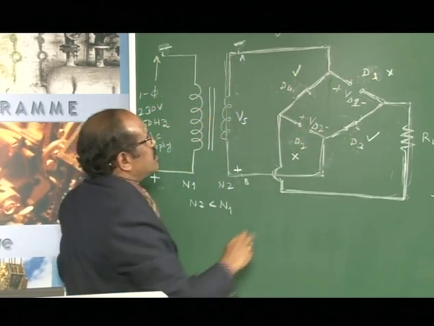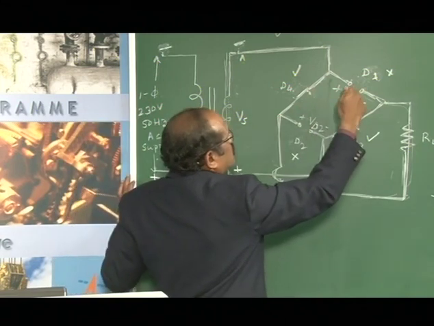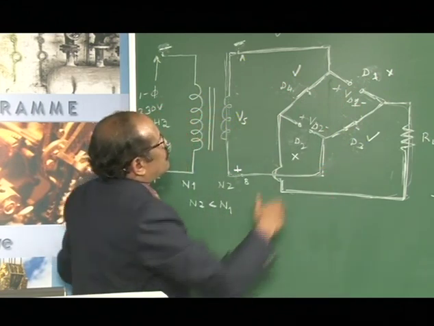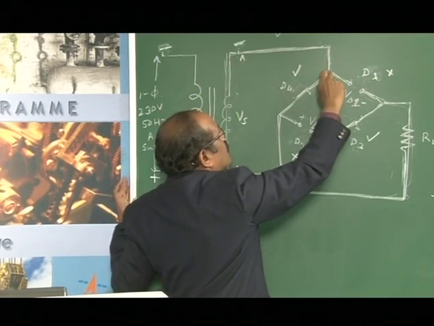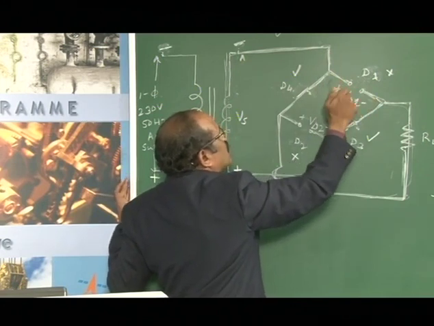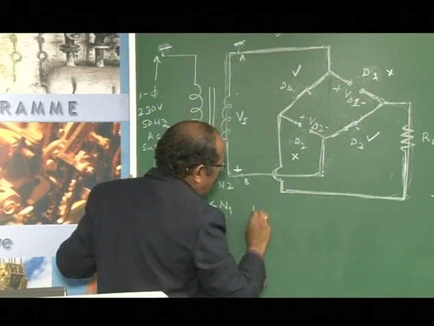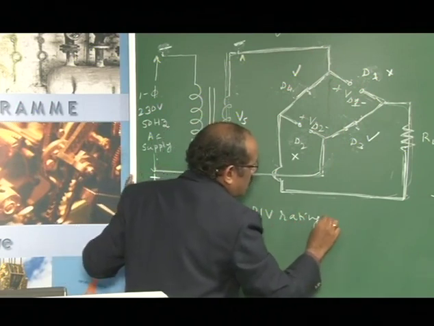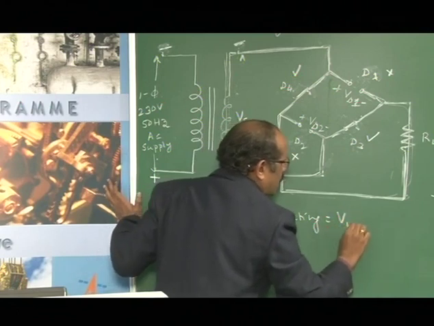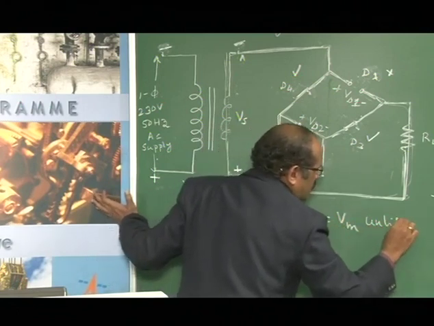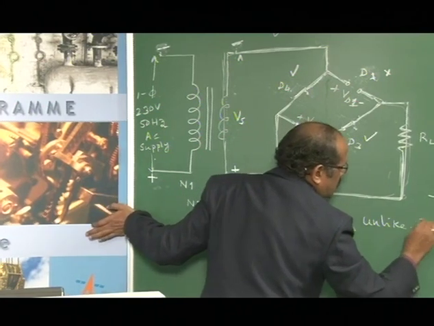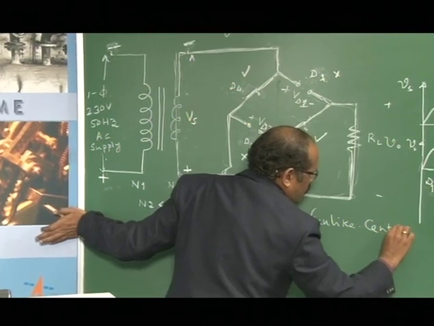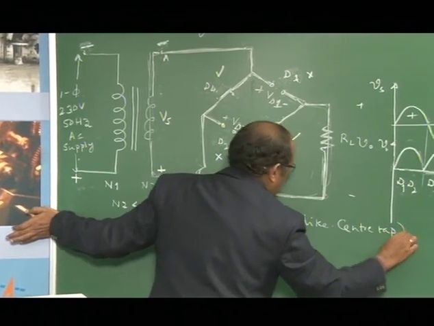In this case, if you apply KVL to the loop containing diode D1, you will come to know that the PIV rating of the diode is just Vm, unlike the center tap configuration, where it is equal to 2 Vm.